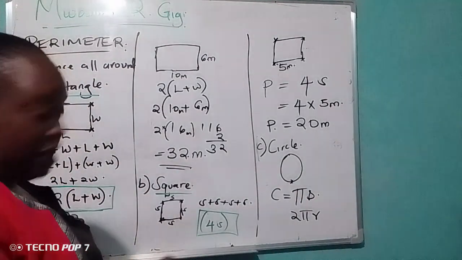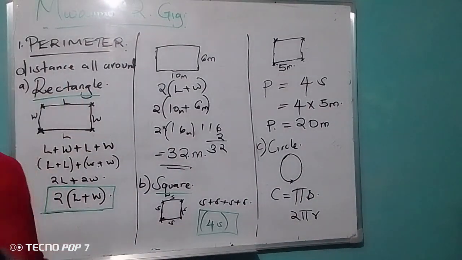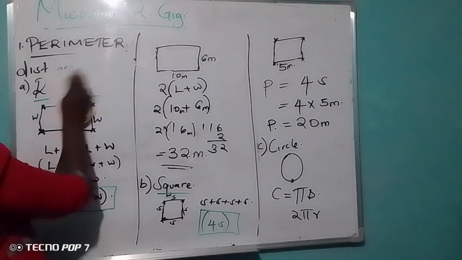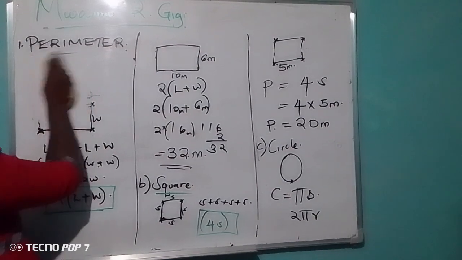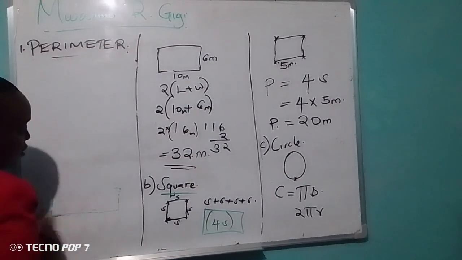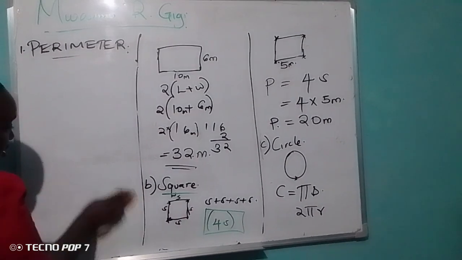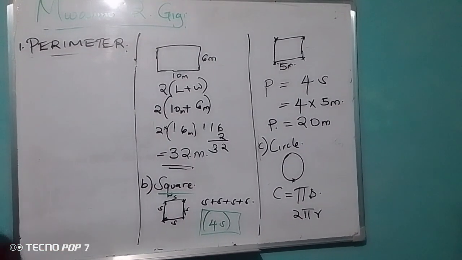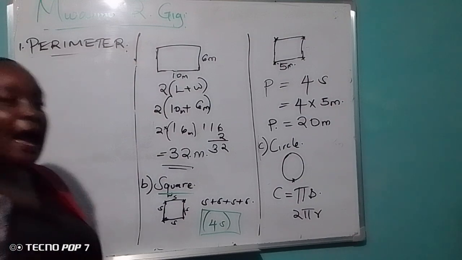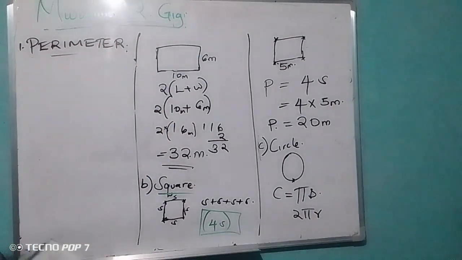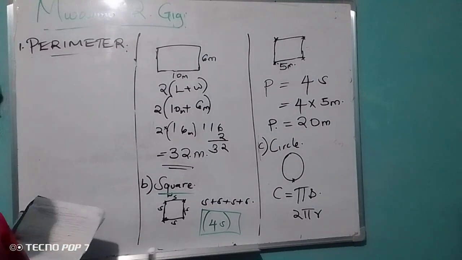Hiyo ni formula ya finding the circumference of a circle. Circumference, tumesema circumference is just a perimeter. Is the perimeter of a circle. It's called circumference.